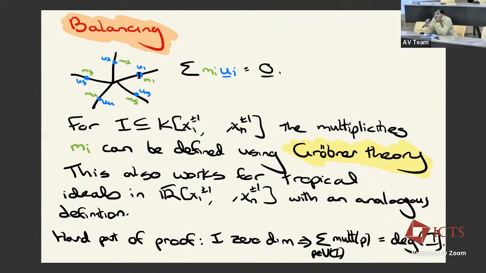I then take the initial ideal with respect to the weight vector given by U1. Let me define it more geometrically. You can give an algebraic definition in terms of the length of a module, but let me give it geometrically.